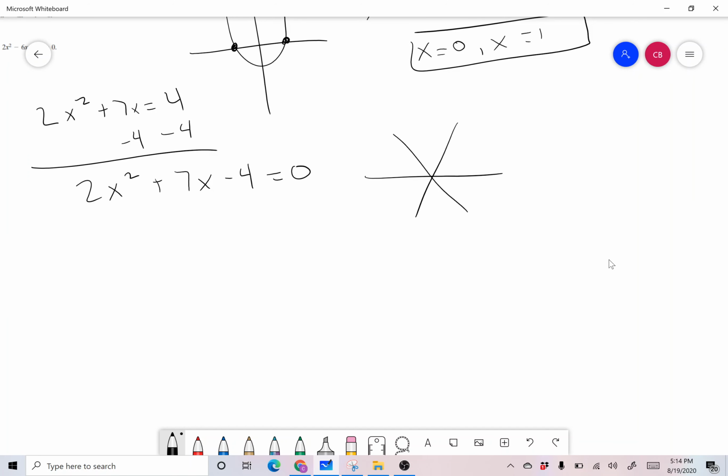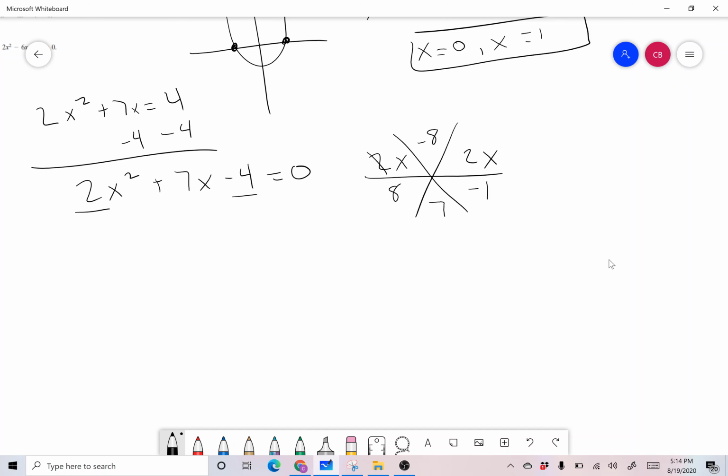Try to figure that out, and I'll tell you right now. Because the first term is a 2, we use the snowflake method. So it's not a 1, basically, is what I'm trying to say. Negative 8 over 7. We have 2x and 2x. Multiplies to negative 8, adds up to 7. That's going to be 8 and negative 1.